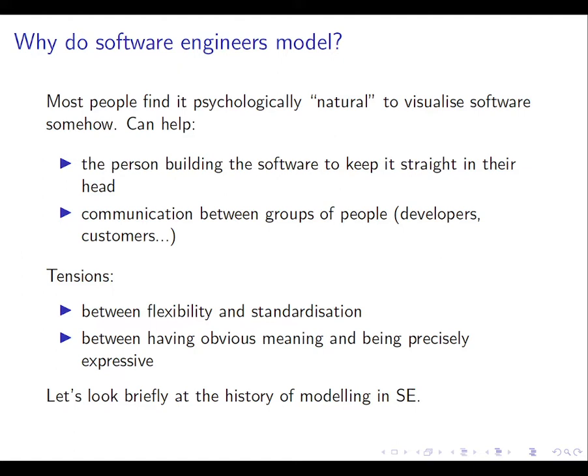And these days, not always but very often, the kinds of tools that support graphical modelling will have the same kind of features. We'll try to give you the affordances that let you build correct models more easily than incorrect models. It wasn't always thus, of course. Let's, on the next few slides now, look a bit at the history of modelling in software engineering.